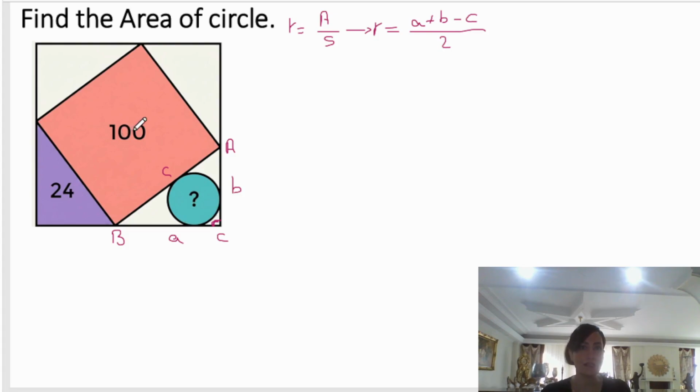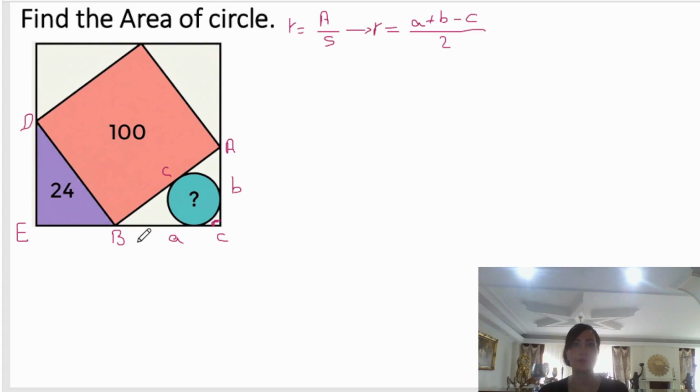What information do we have here? The information that the question gave us is the area of this inscribed square, which is 100, and the area of this triangle. So first of all, I try to show these two triangles, triangle ABC, and let me label here D, E, and triangle DEB, are congruent.